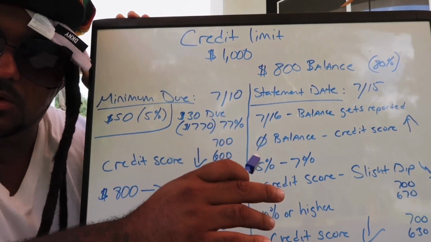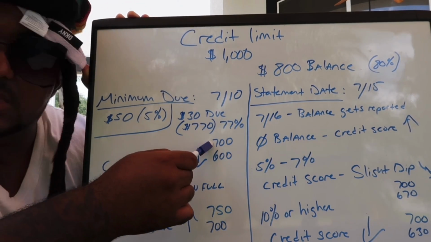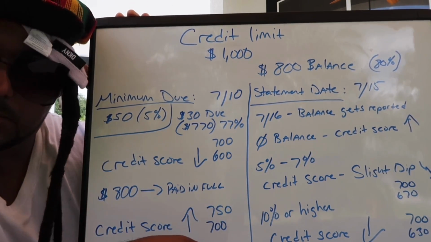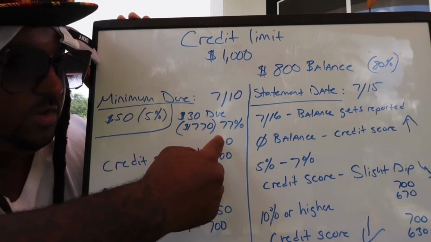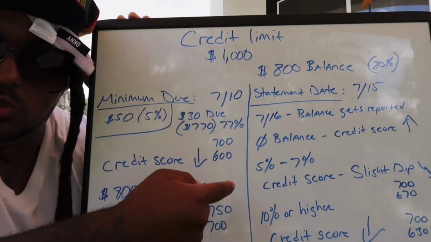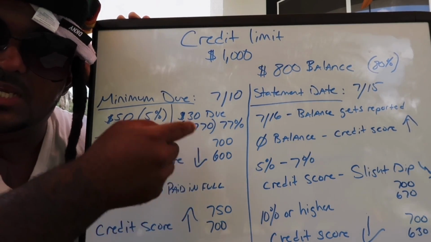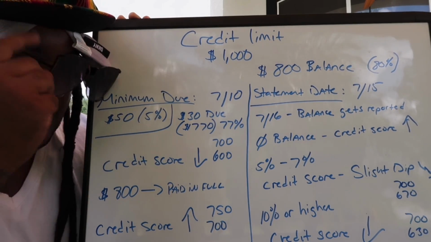These are just hypothetical. I'm not saying that your score is going to drop 100 points. I'm using this as an example to paint the picture for you, so you can understand.